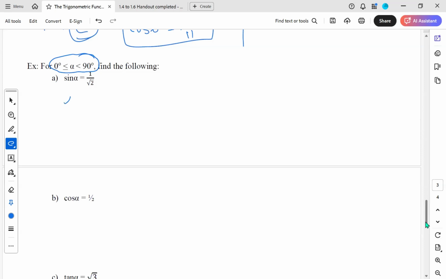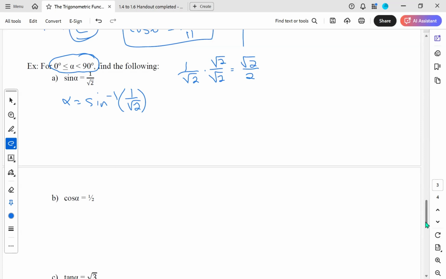So what we're doing, we're actually saying alpha equals the sine inverse of 1 over the square root of 2. Now, don't get too fretful about this sine inverse stuff. I want to know, where is sine 1 over the square root of 2? Well, keep in mind 1 over the square root of 2, if I rationalize, is the same as square root of 2 over 2.